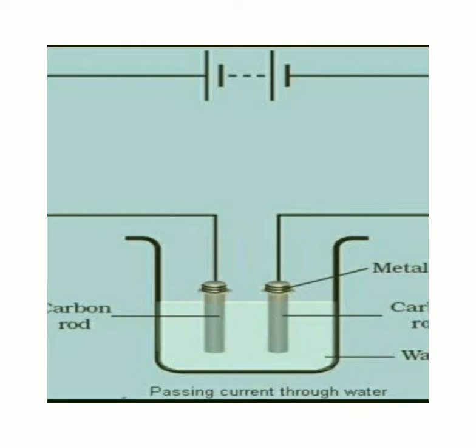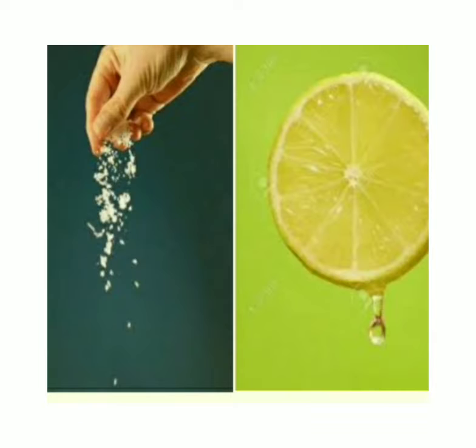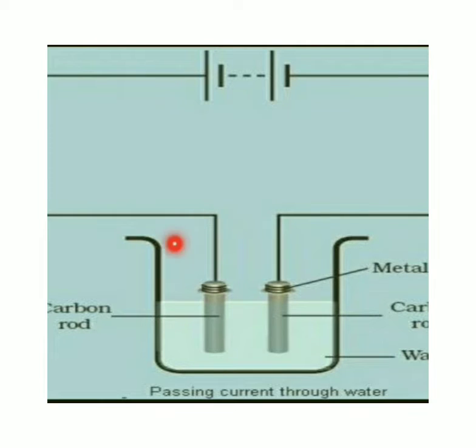We call these 2 rods electrodes. Pour a cup full of water in a glass or plastic bowl. Add a teaspoonful of salt or a few drops of lemon juice to the water to make it more conducting. Now immerse the 2 carbon rods in the solution.